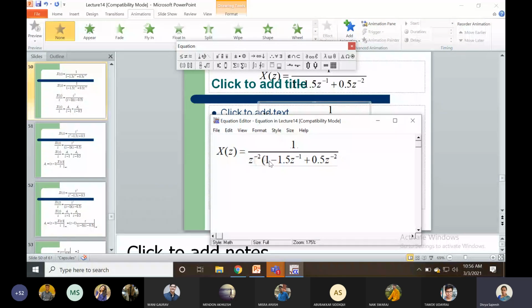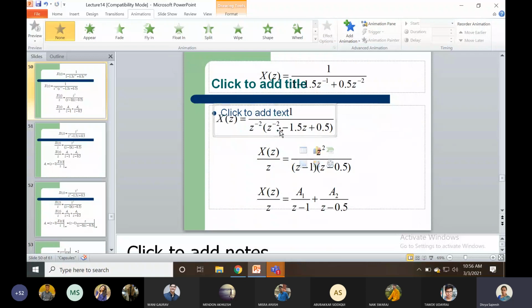If I take Z raised to minus 2 common from the first term, it will be Z raised to minus 2. Now if I take Z raised to minus 2 common out, it will be Z, and from here Z raised to minus 2 I have taken common out. So this will be like this.